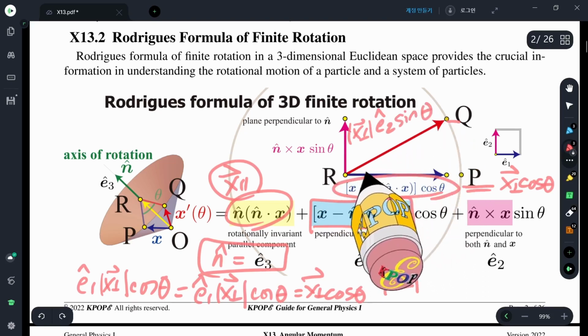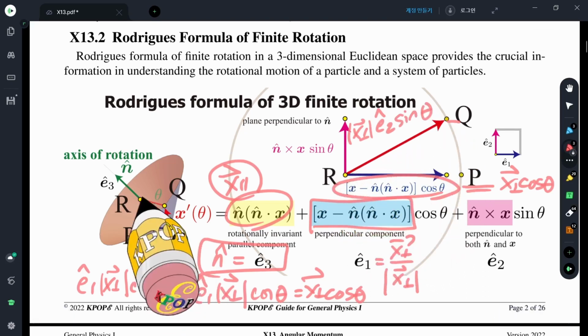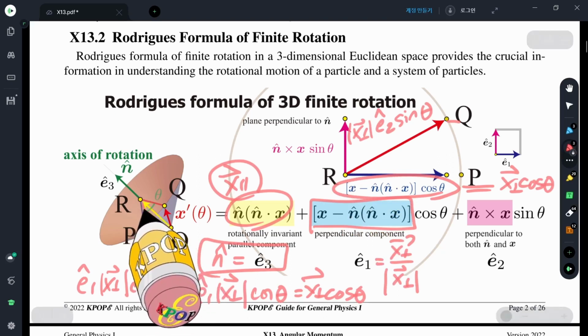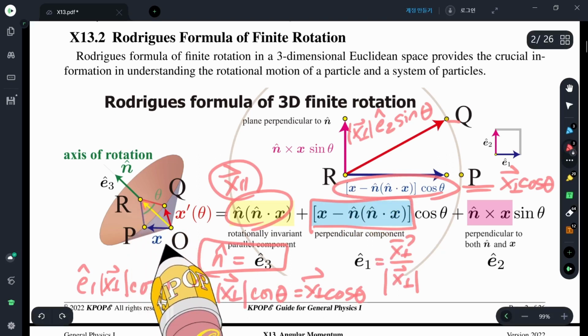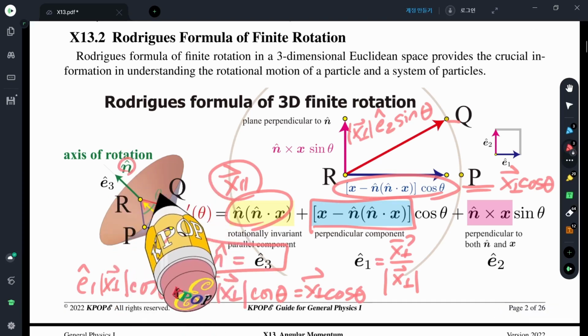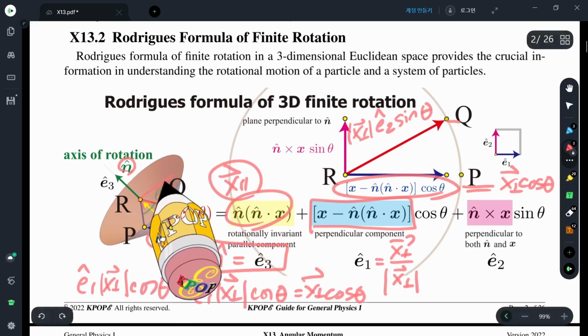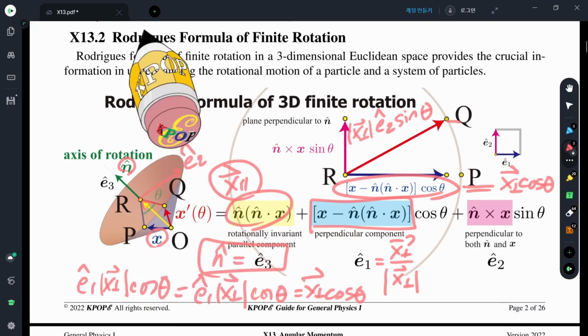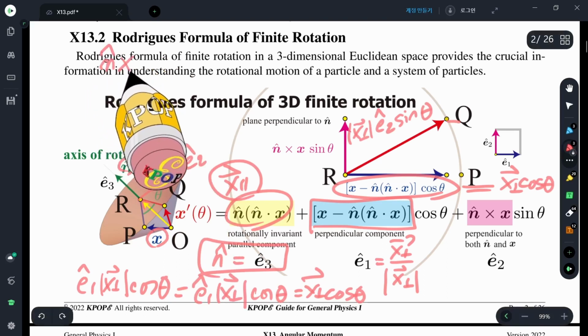What should I do? I have two vectors, x vector and n vector, and E2 hat is proportional to n cross x.